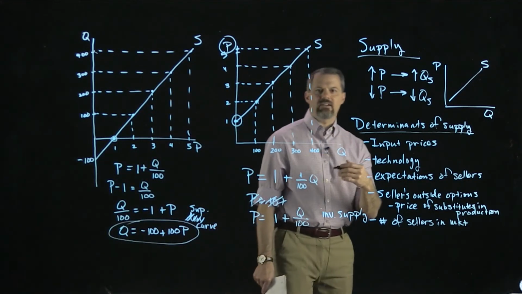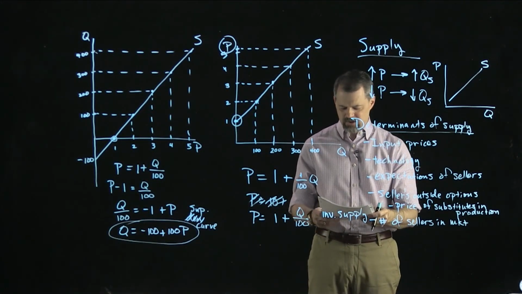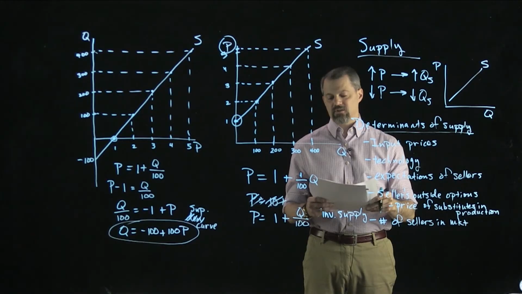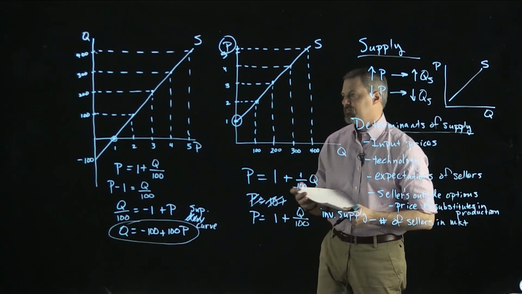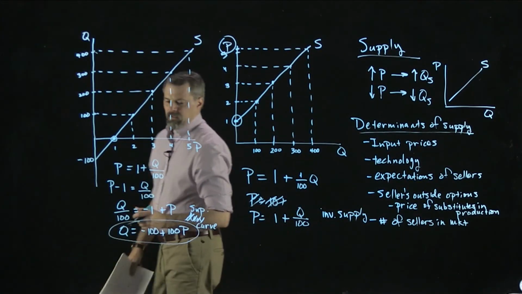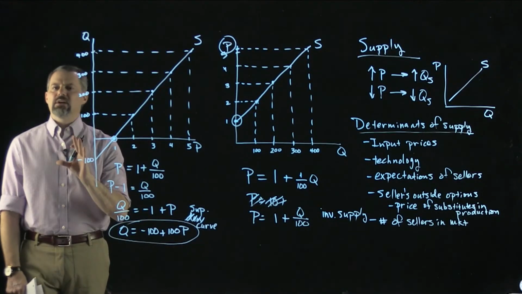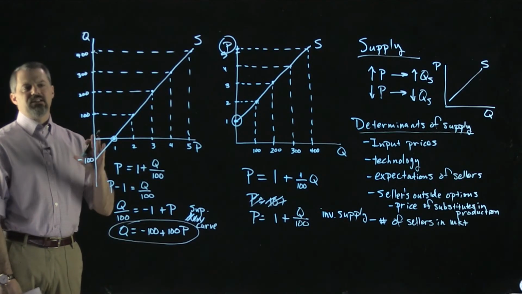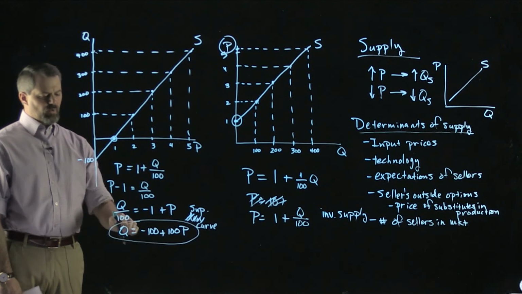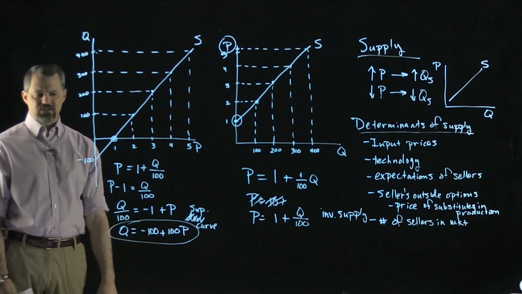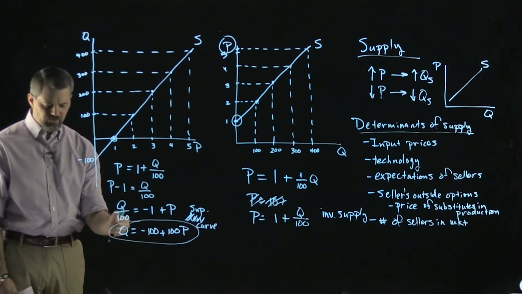So now we've got a demand curve and we've got a supply curve. Let's talk about shifting supply curves. We're going to do it exactly the same way that we did with a demand curve. We could think about changing the intercept of the actual supply curve.